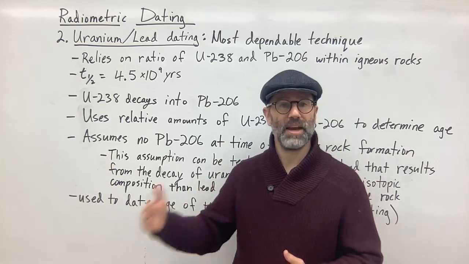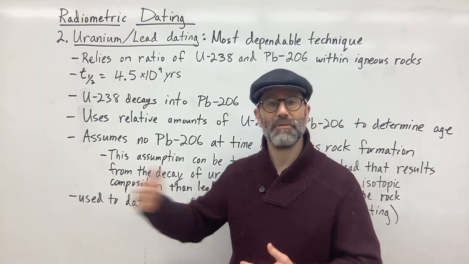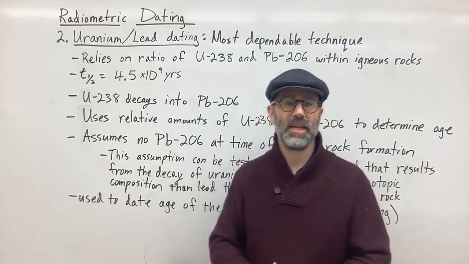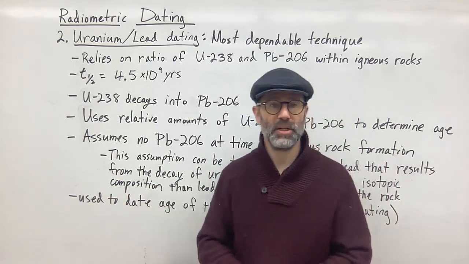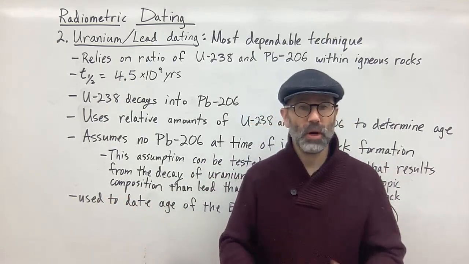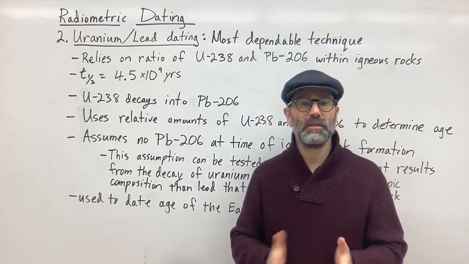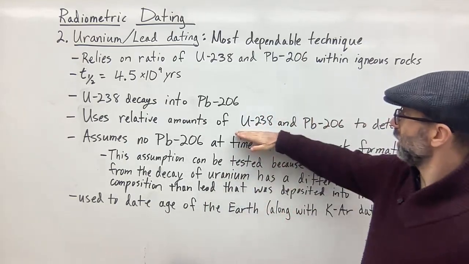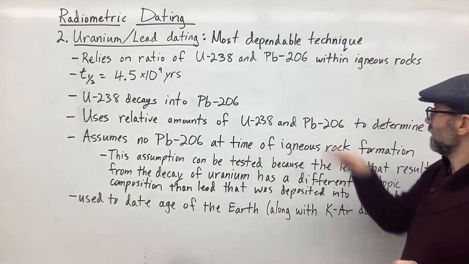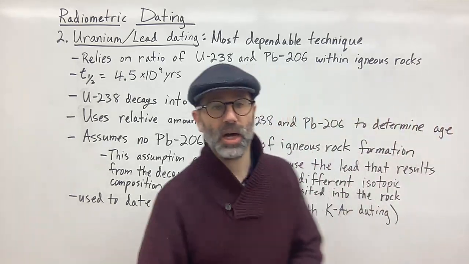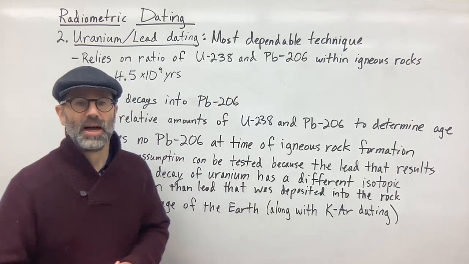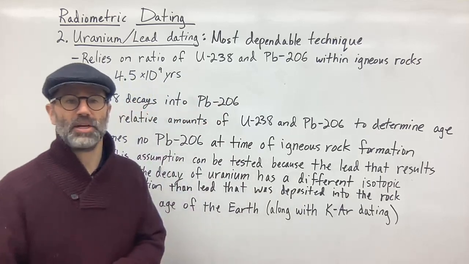So to be half gone, it's going to take 4.5 billion years. So what does that mean? That means that I can use the relative amounts of uranium 238 and lead 206 to determine the age of certain objects that I want to find the age of.